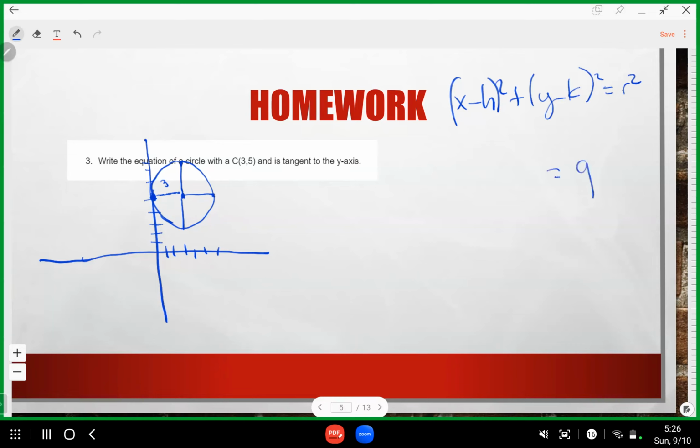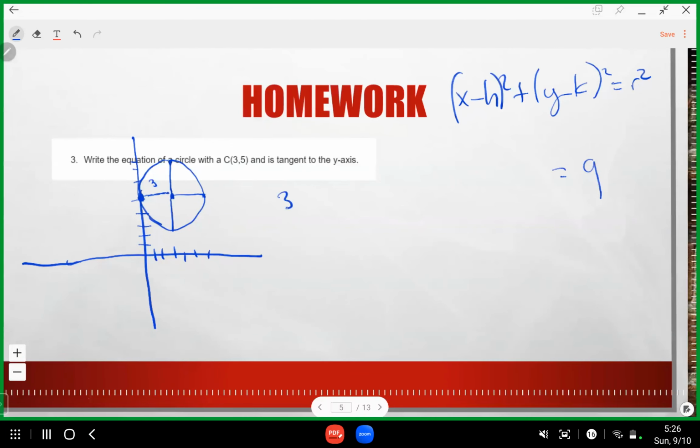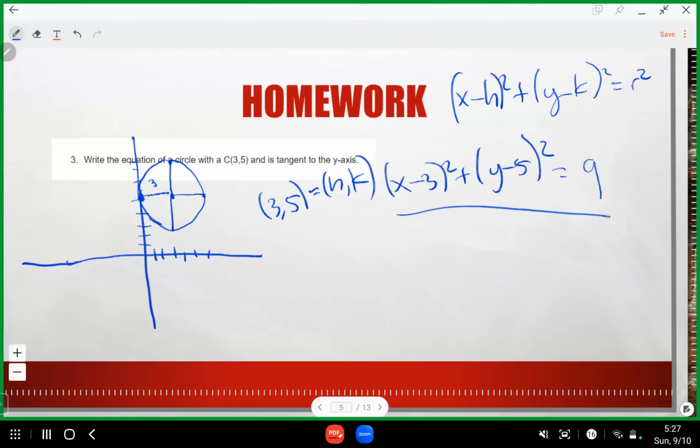And we have x minus h and y minus k that we don't know, but we do know the center, and we can just plug that in. So center 3, 5 is equal to h, k. So we have x minus 3 squared plus y minus 5 squared is equal to 9. So that is the equation.